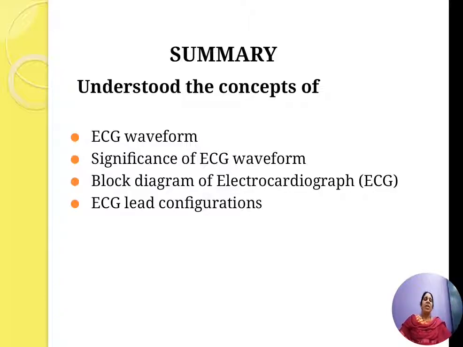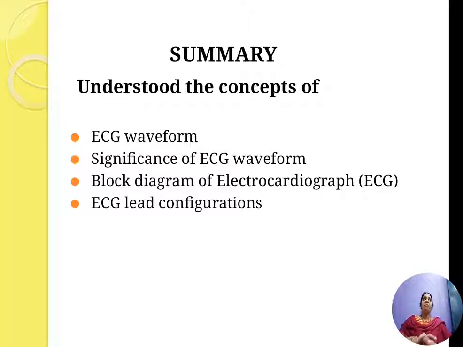Then the second one which we have studied is the augmented unipolar limb lead. It was introduced by Wilson. In this, ECG is recorded between a single exploratory electrode and the central terminal, which has a potential corresponding to the center of the body. Thus, 2 equal and large resistors are connected to a pair of limb electrodes, and the center of this resistive network acts as a central terminal, and the remaining limb electrode acts as the exploratory electrode.